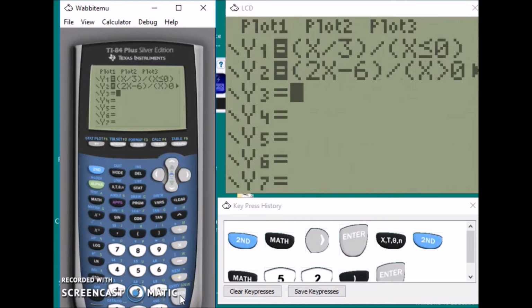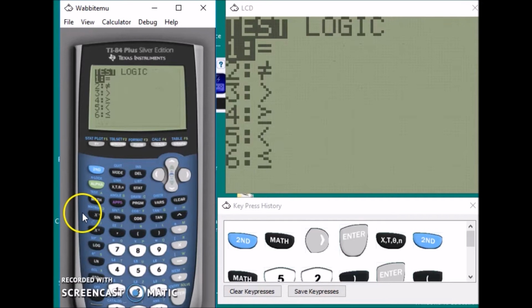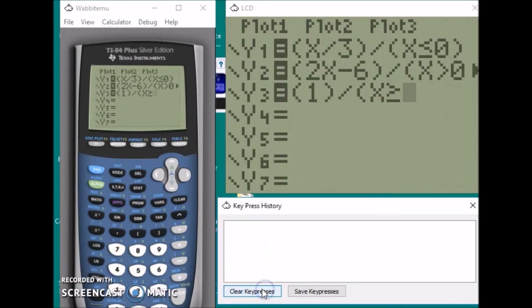I press enter, it goes down to the third one, and all I have to do for that one is put in parentheses 1 divided by parentheses x greater than or equals to 2.